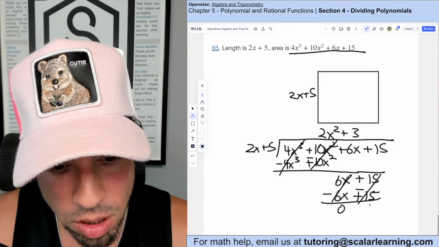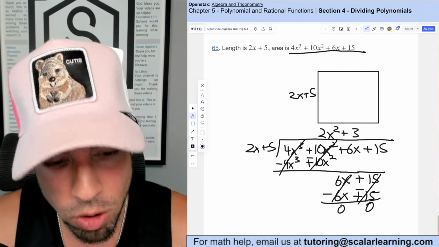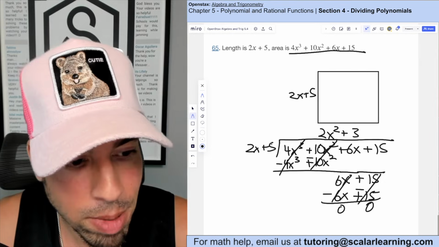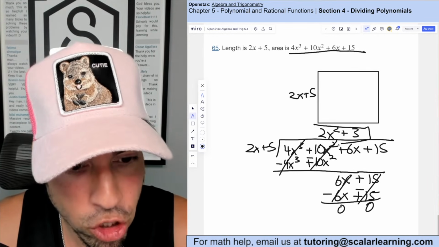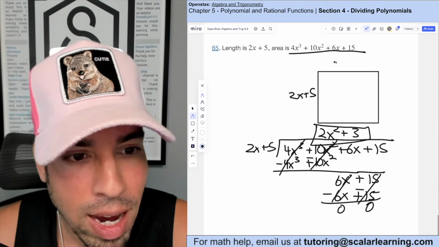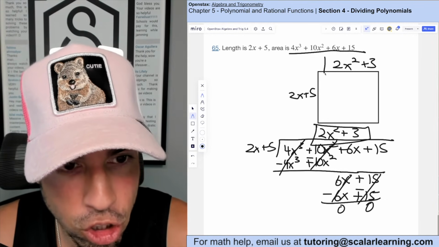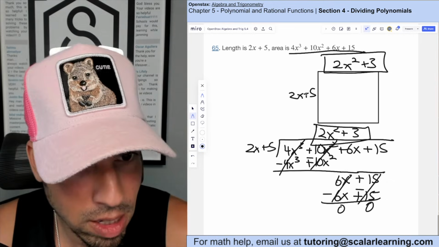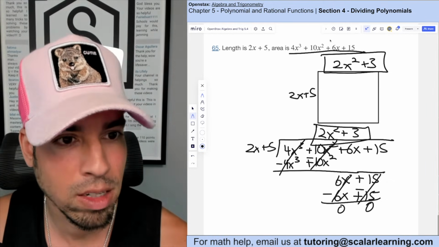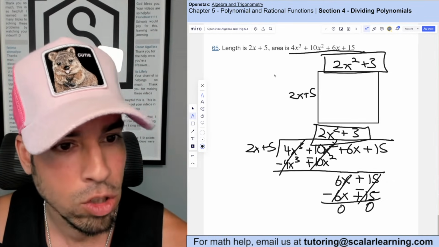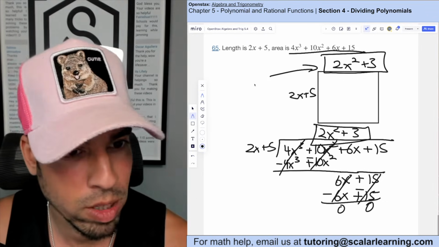Look at that, zeros out, zeros out. There's our nice remainder of 0, which means when we divide by this polynomial, we get a perfect quotient of 2x squared plus 3. And that is our width. Just for fun, if you multiply this times this, you would end up with this nice polynomial. So 2x squared plus 3 is the width.